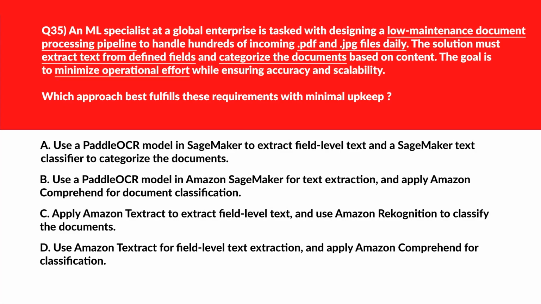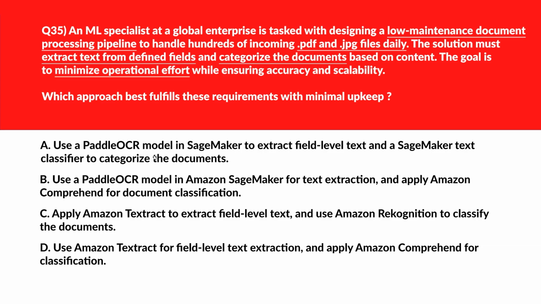Okay, let's look at this. Here the goal is to make sure the operational effort is low, and this will test your concepts on a low-maintenance document processing pipeline, where we have incoming PDF and JPG files daily.